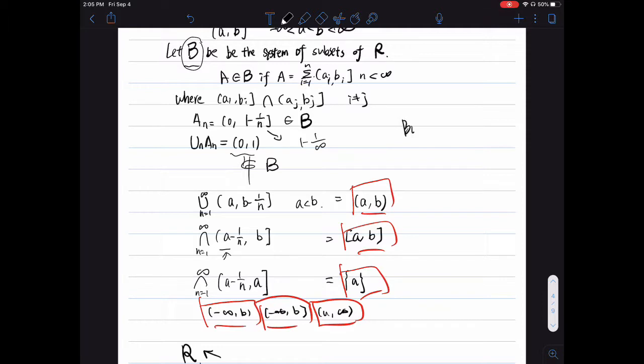It's called the Borel algebra. The subsets in the Borel algebra are called Borel sets. An important fact is that the Borel sets form the smallest sigma algebra for the real line.